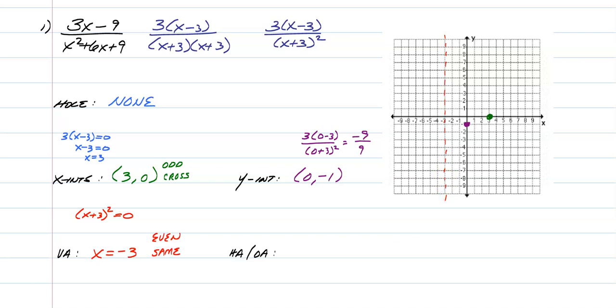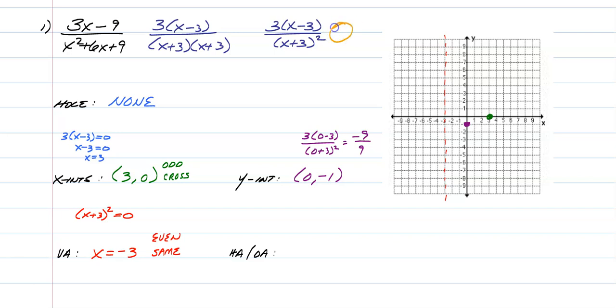And the last one is our horizontal or our oblique asymptote. This one is bottom heavy, or the degree in the denominator is higher. We have x to the first on top, and we have x squared on bottom. Remember, when it is bottom heavy, it is y equals the number off to the side.